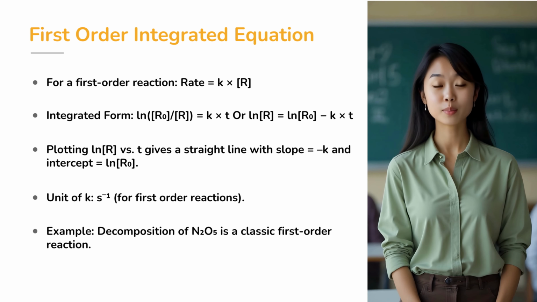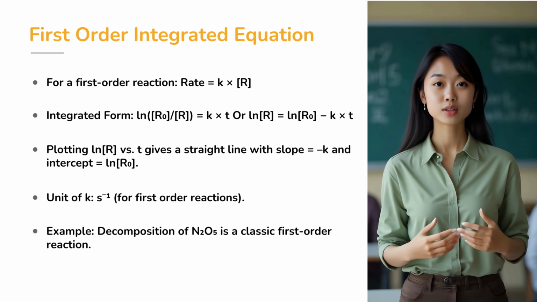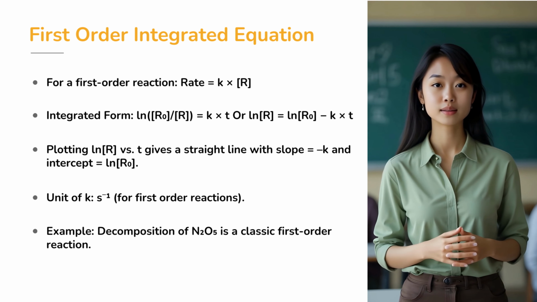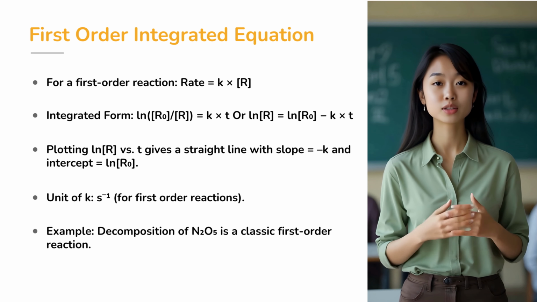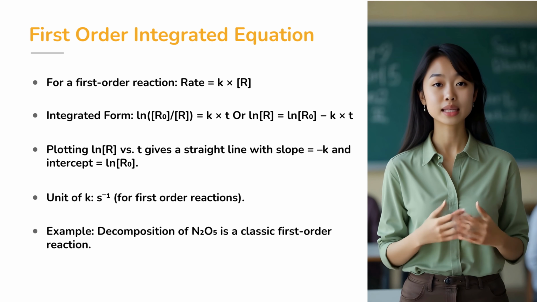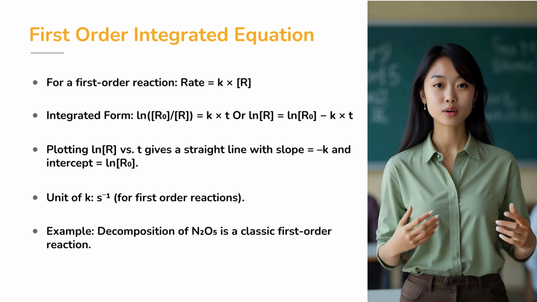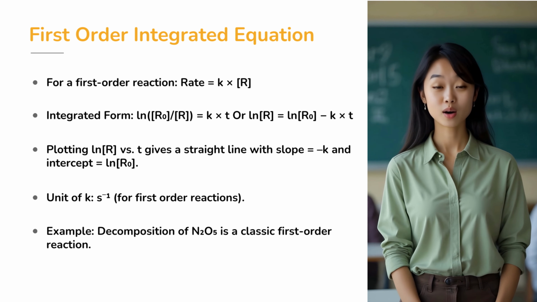Now we move to one of the most common types, the first-order reaction. In this case, the rate is directly proportional to the concentration of one reactant. As the reactant decreases, so does the rate. The integrated equation for a first-order reaction is natural log of [R]0 divided by [R] equals k times t.